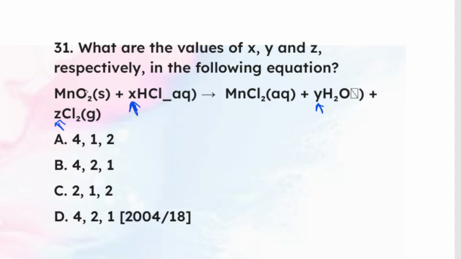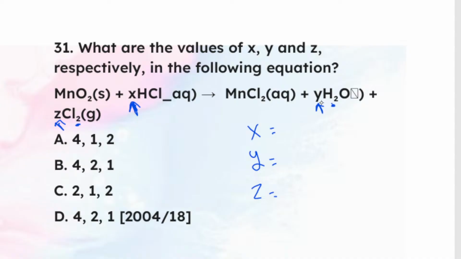Obviously, you can see that you're just supposed to balance this equation. Now I'll do it very quickly. We just have to find x, y, and z. If you look, we have two chlorine, and we also have two hydrogen here.